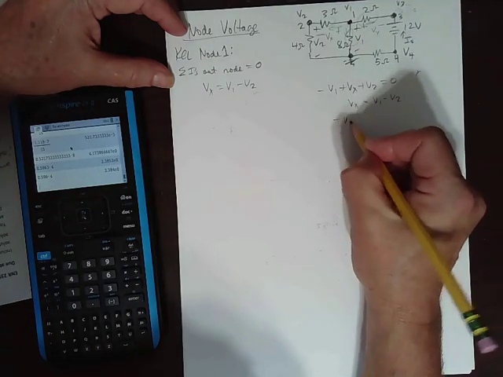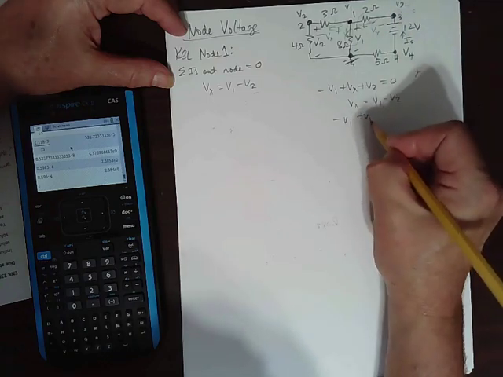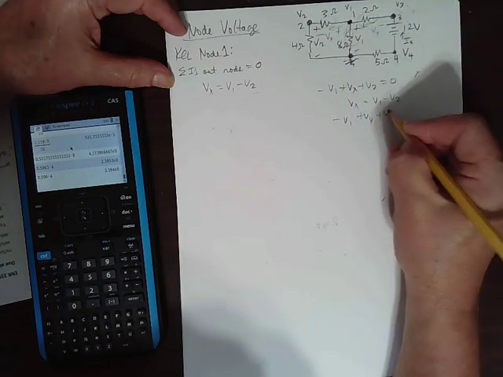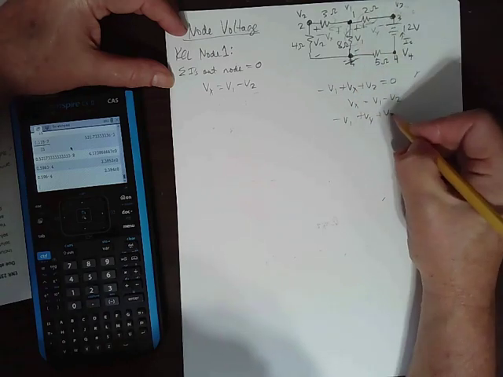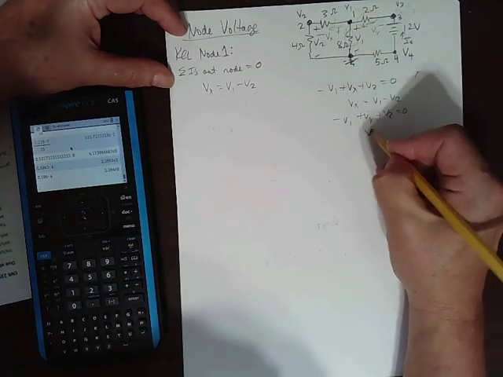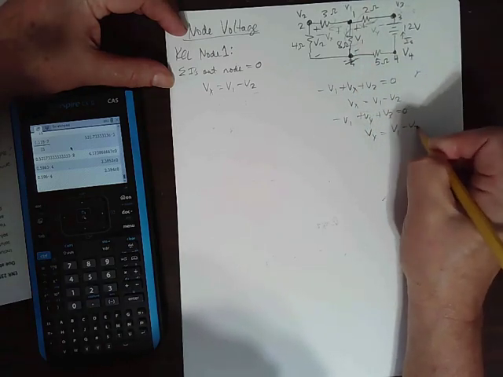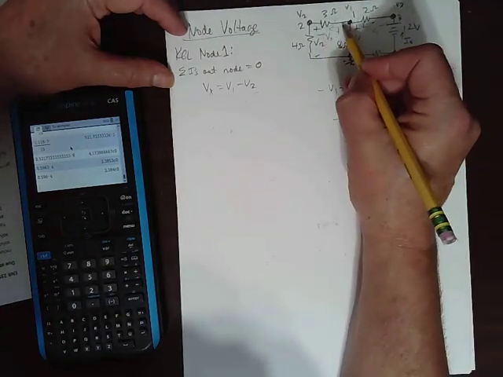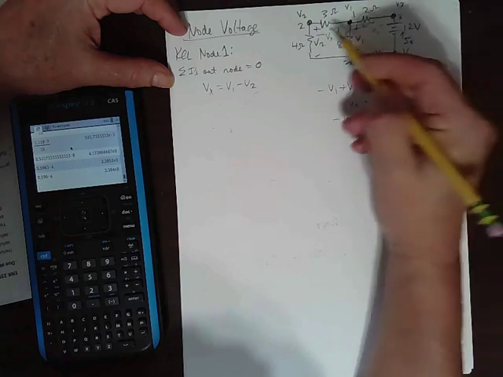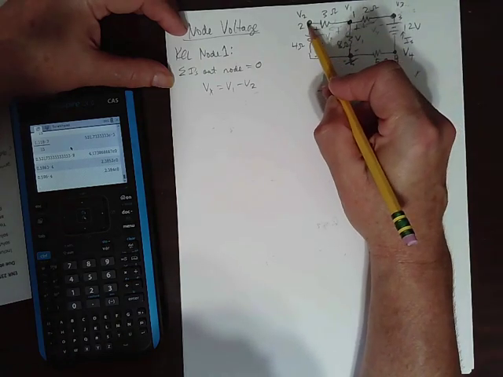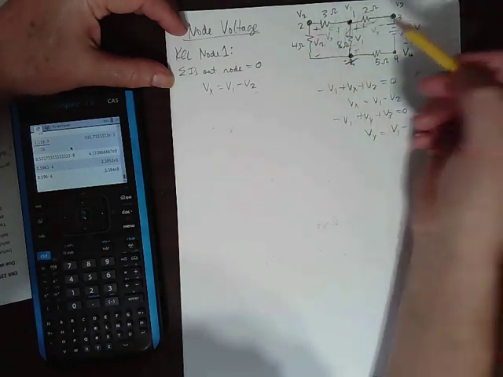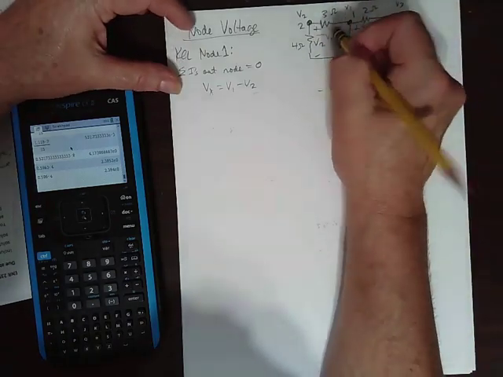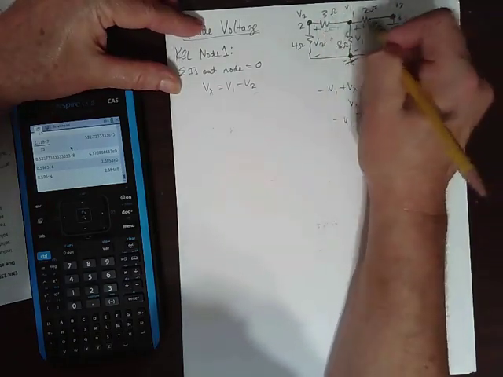We can say negative V1 plus Vy plus V3 equals 0, so Vy equals V1 minus V3. Okay, so whenever you want a current going out of a node, you take that node's voltage and subtract the next door neighbor node voltage from it, and that gives you voltage plus at your node minus the other way, and then you can get the current as voltage over resistance.